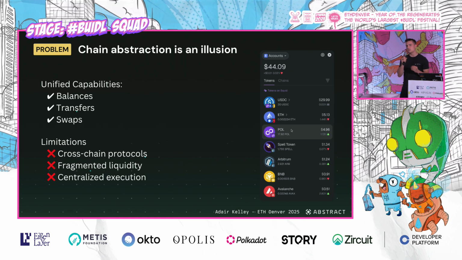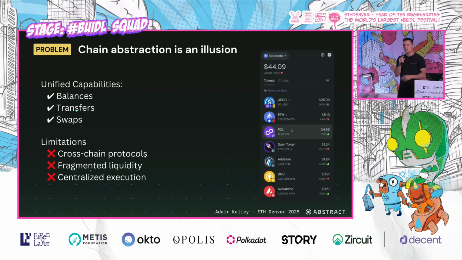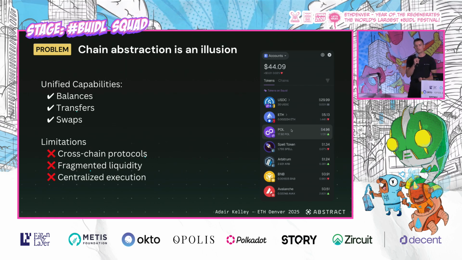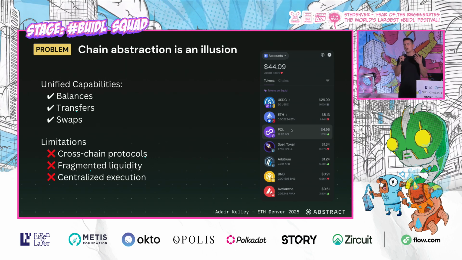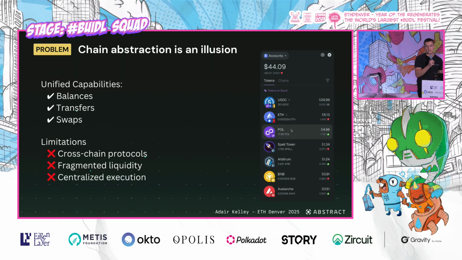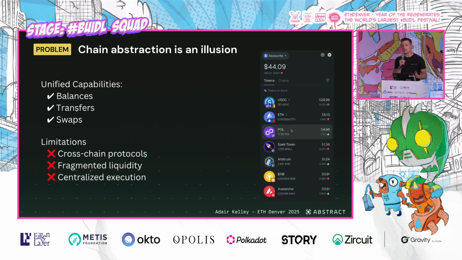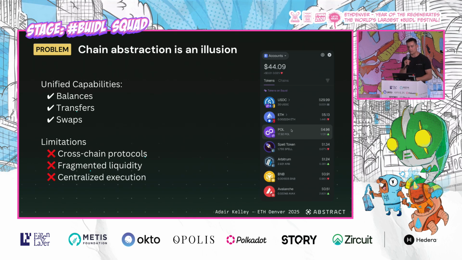Chain abstraction solves a problem that most crypto users have been experiencing for years. The fact that you have to get gas tokens for every new chain, you have to actually care about which chain your assets are on. Is my USDC on Polygon, or is it on ETH, or on Optimism? Same with any other token. It's quite cumbersome.